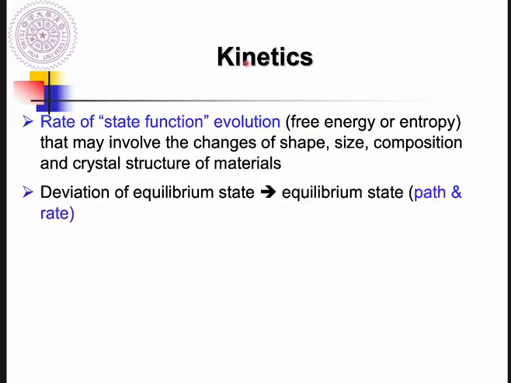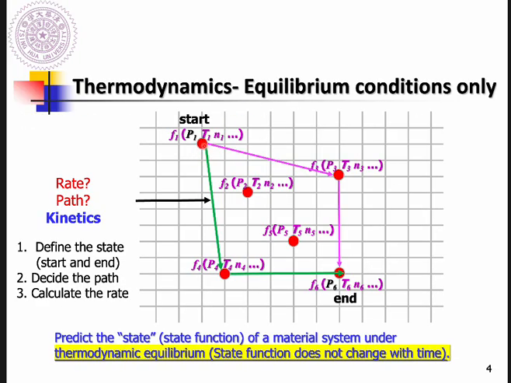And under what kind of condition can you visualize this kinetics process? Some people probably will have questions, because as you mentioned, we use the equilibrium condition to define the starting and end point. This is an equilibrium condition, and this is also an equilibrium condition.